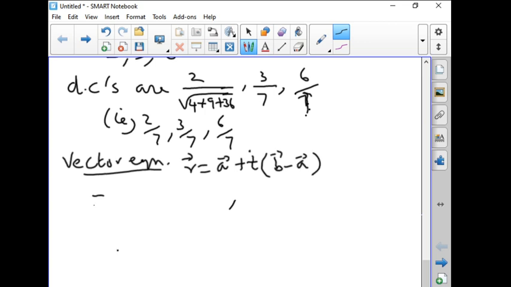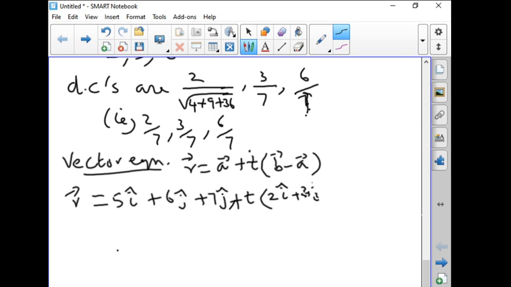So r vector is equal to 5i cap plus 6j cap plus 7k cap plus t into (2i cap plus 3j cap plus 6k cap).